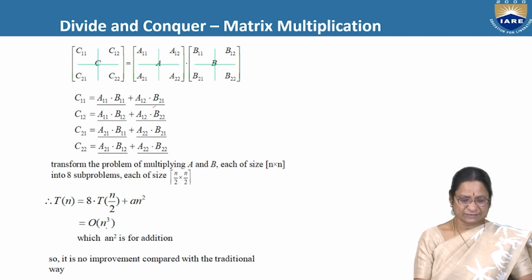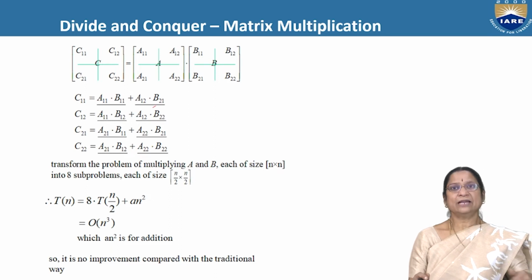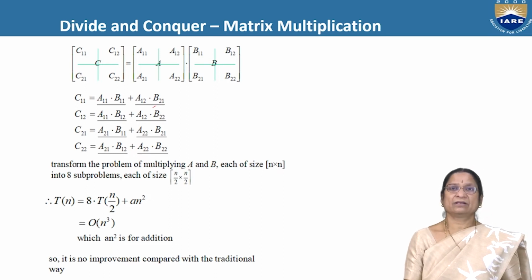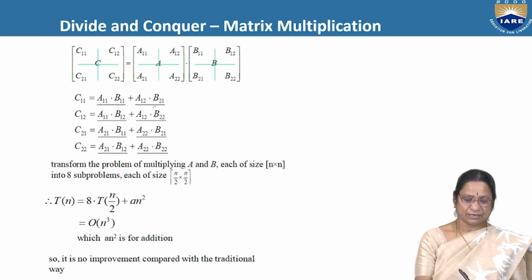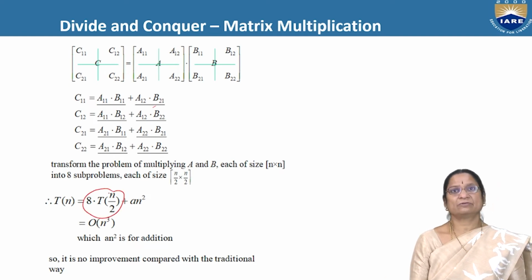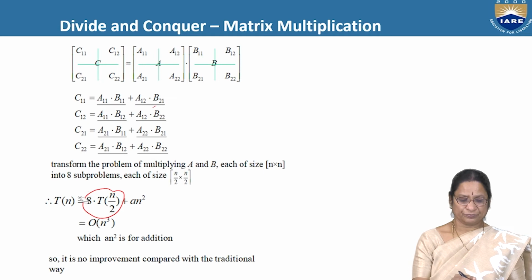The n square is for addition. By using Master's theorem, or by solving the recurrence relation using the substitution method, this results as order of n cube.